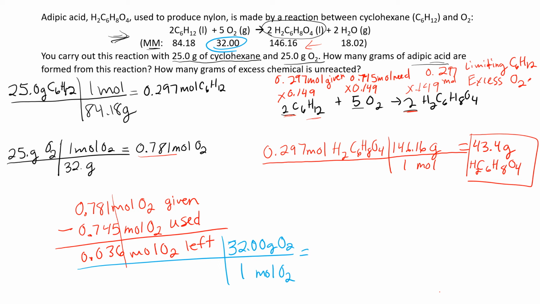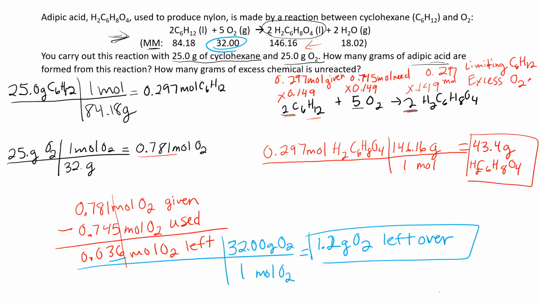So we're going to multiply that out. Times 32, we get 1.1. We only have 2 sig figs now, so 1.2 grams of O2 left over. And that is our second answer.